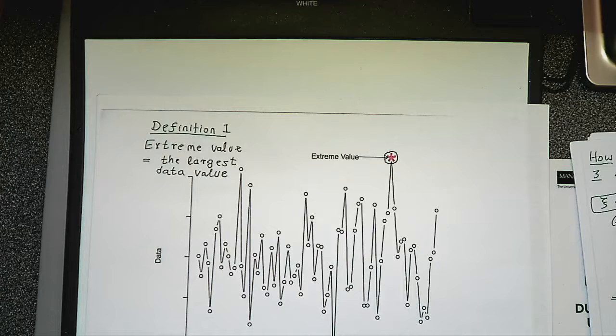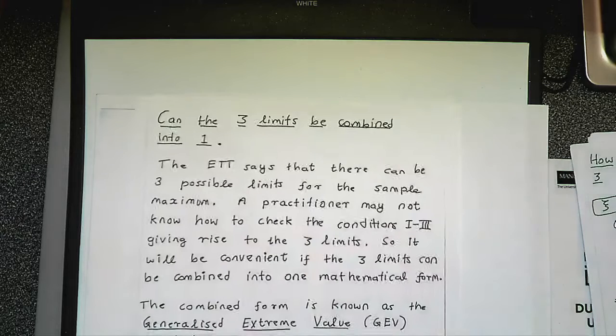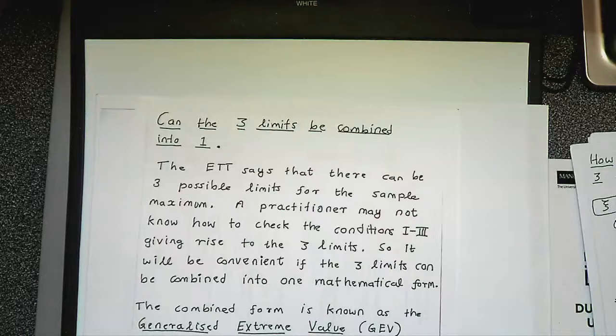So is there a formula that you can use that combines the 3 limiting distributions, the Gumbel, the Frechet, and the Weibull, into one formula? So instead of having to check those 3 conditions, the question is this: can the 3 limits be combined into one, right?